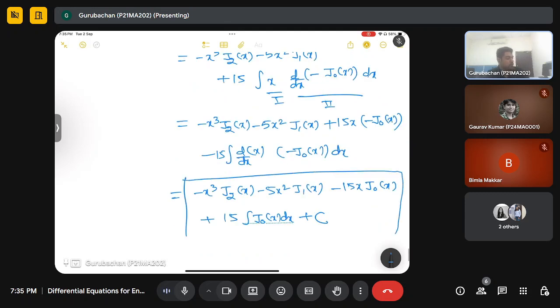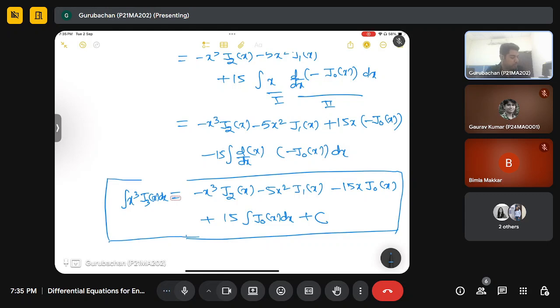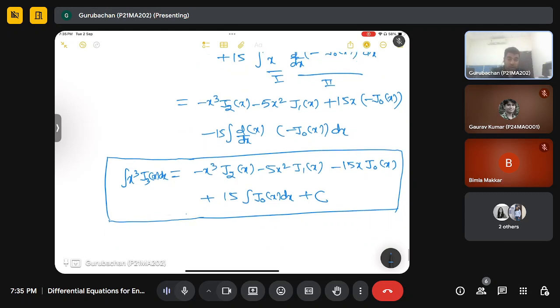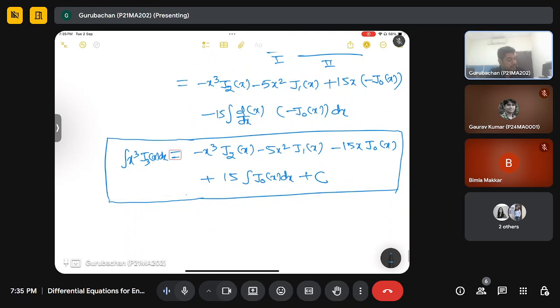So this will be your integration of x cube J3(x) dx in terms of x square in terms of J2(x), J1(x) and J0(x). Here we cannot integrate further. The reason is, you know that J0(x), we have to put alpha to be 0 in the given equation.